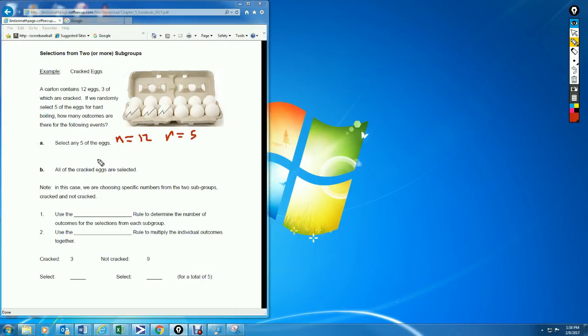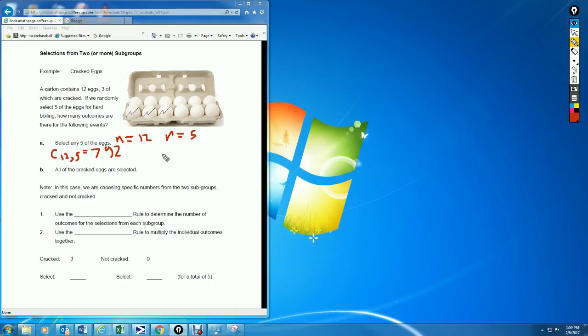Clearly the order of the eggs doesn't matter, so it's just a combination of 12 items taken 5 at a time. So just do that on your calculator. How many different ways are there to do a combination of 12 objects chosen 5 at a time? If you've done it on your calculator, you should find that the answer is 792.